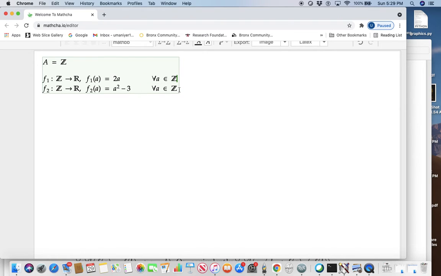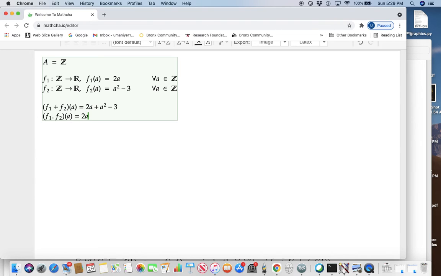Then what is f sub 1 plus f sub 2 on any integer a? Well, it will simply be the addition of these two rules: 2a plus a squared minus 3. What is f sub 1 times f sub 2 on any integer a?